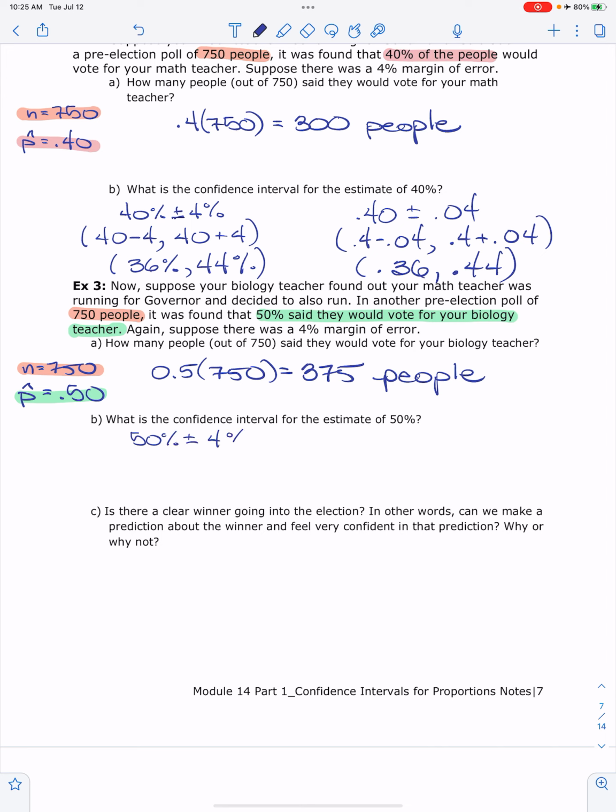Same as above, 50% here, plus or minus that 4% margin of error. I've got a 50 minus 4, 50 plus 4. So between 46 and 54% of those polled would vote for your biology teacher.